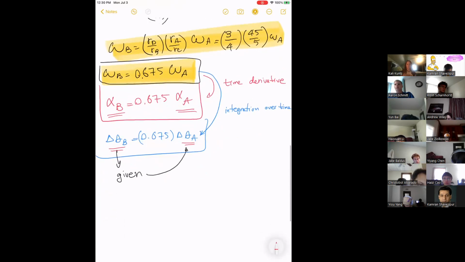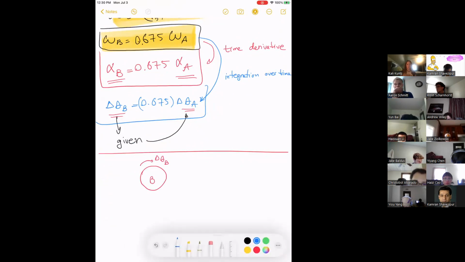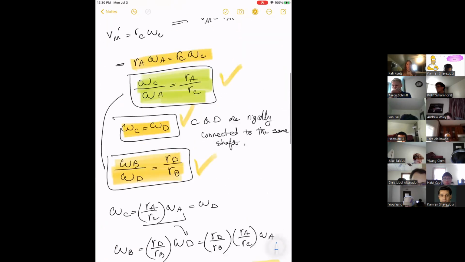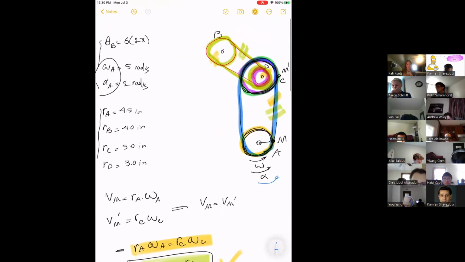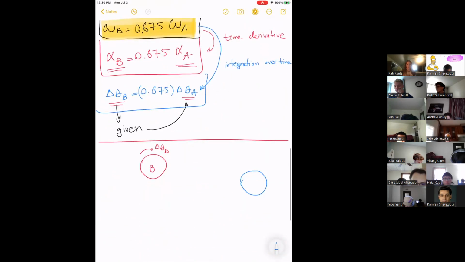Okay, now, practically, we have pulley B with delta theta, and we have pulley A. If this goes this way, this goes the same way. We have pulley A when omega 0 and alpha is given.